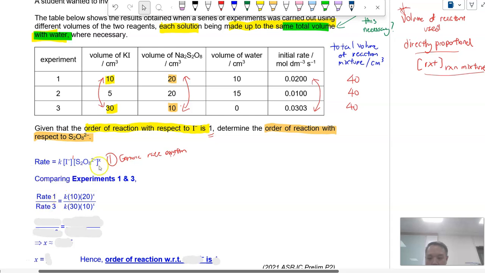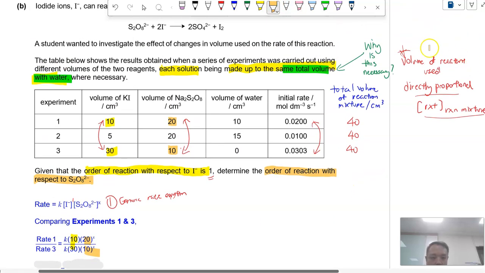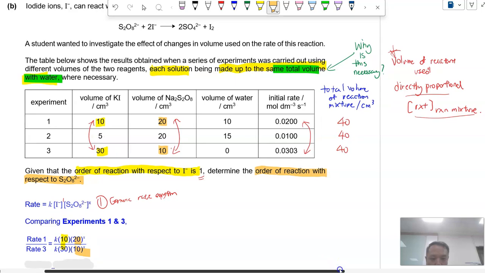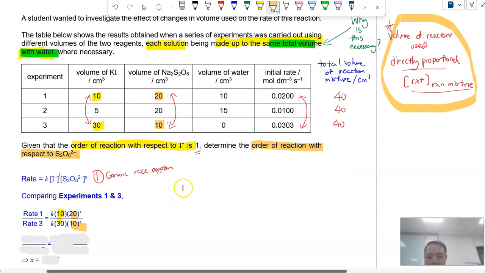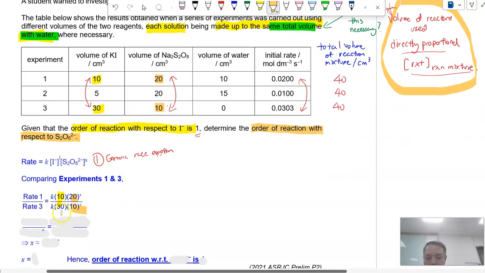What I have done is to substitute in the volume instead. Why can I do that? So earlier I mentioned that we can do this because we came to this conclusion by keeping total volume constant. The volume of reactant used will be directly proportional to the reactant concentration in the reaction mixture.